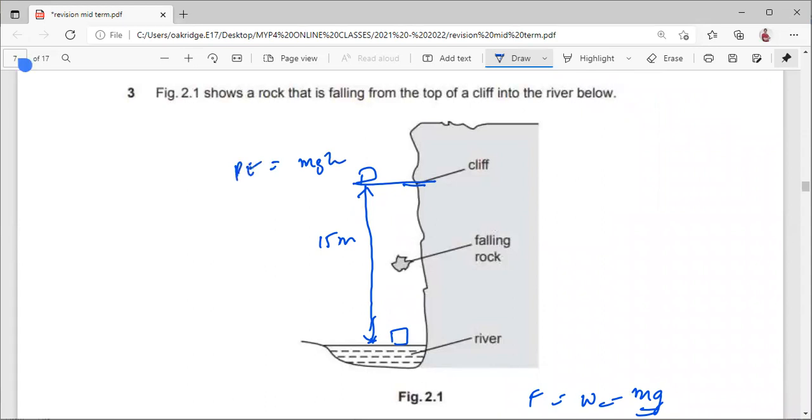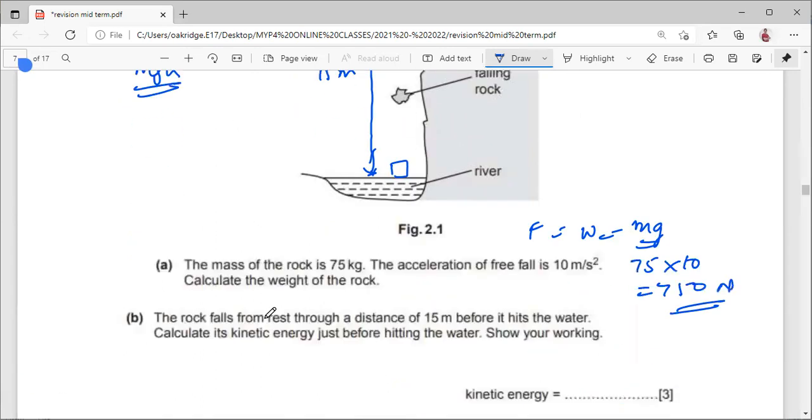When the rock starts falling down, what is happening? The potential energy present in it is getting converted to the kinetic energy. Kinetic energy increases, potential energy decreases, and when it reaches here, the net energy is only due to kinetic and not due to potential, which means that the energy of the rock is mgh. Okay, I hope you understand this.